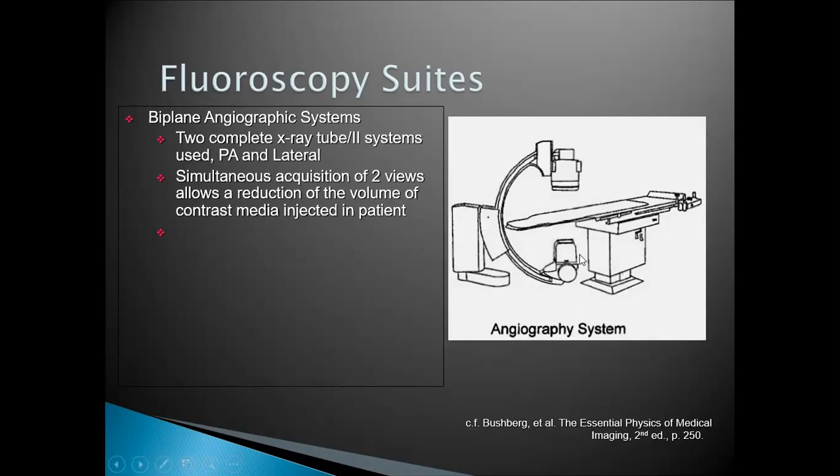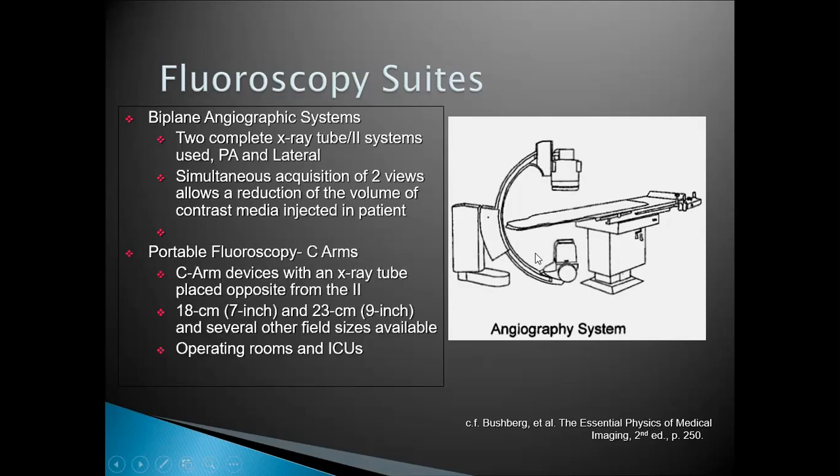This one is not the biplane mode anyway, it does not have the biplane system. With the biplane mode, you'll be acquiring the AP, anterior-posterior, view and at the same time you're acquiring the lateral view.